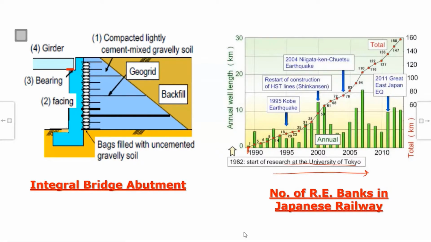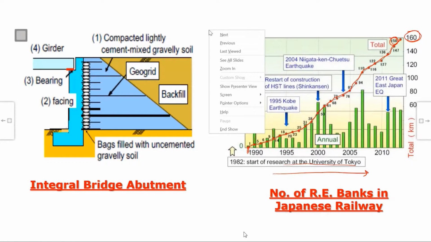Now, this line shows annually how many are constructed, these bars. And this is cumulative, how many RE walls they have constructed till date. So up to 2013 or 14, they had constructed 158 RE walls, and the total length of these RE walls is 160 kilometers.